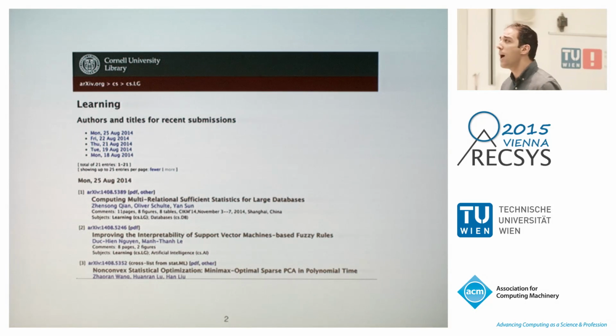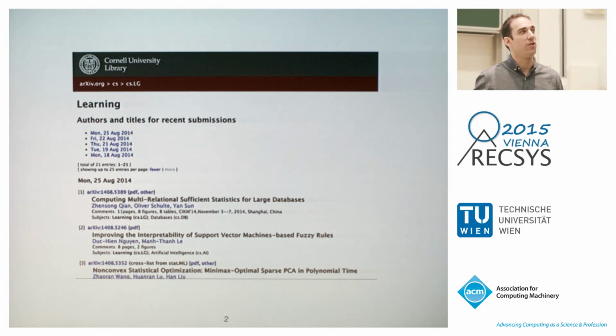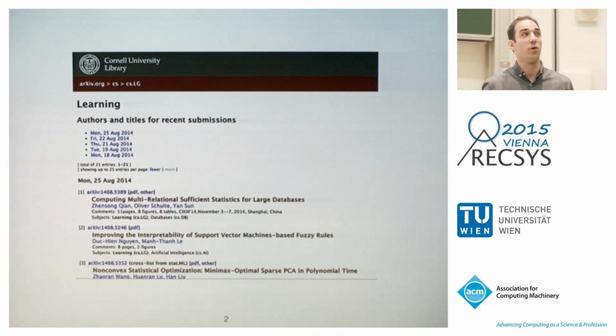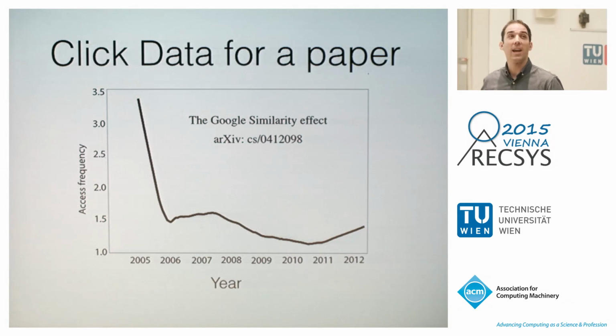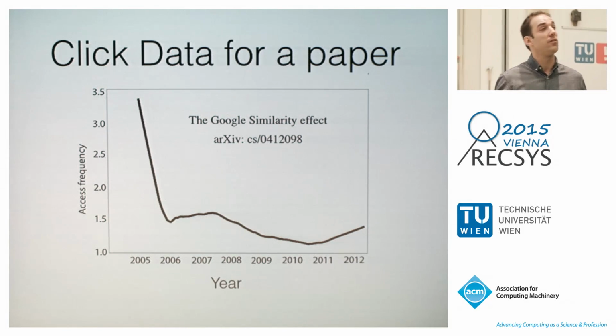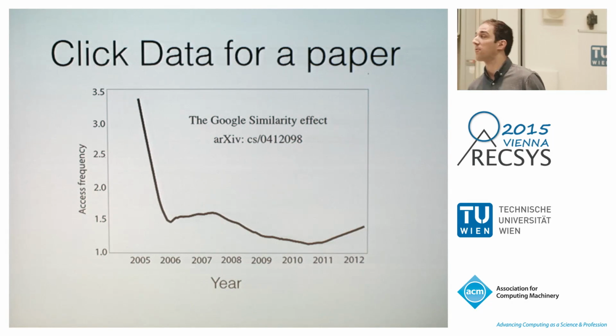One interesting thing about the archive for recommendation systems is that it's been around for about 10 years, so you can look at click data for about 10 years and try to understand through this click data how science evolved, and I think that's really exciting.